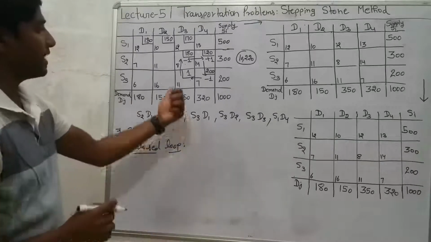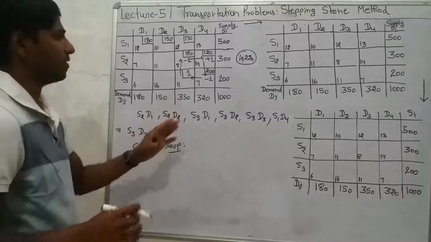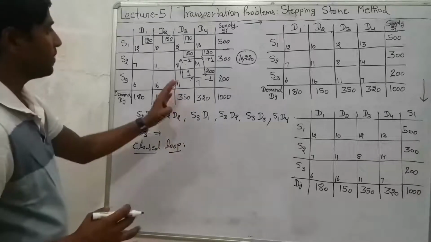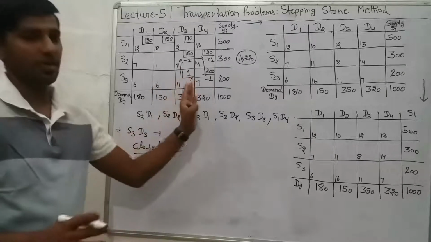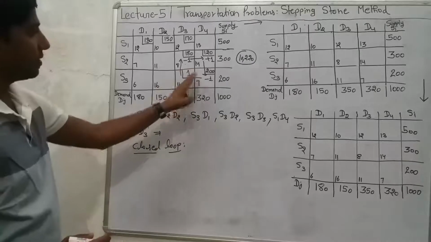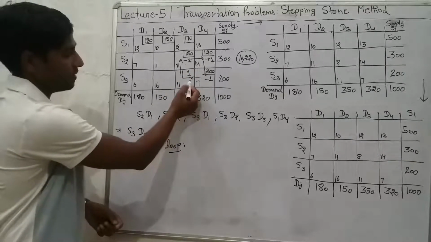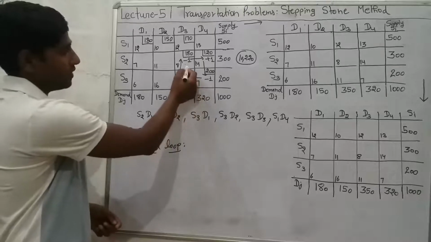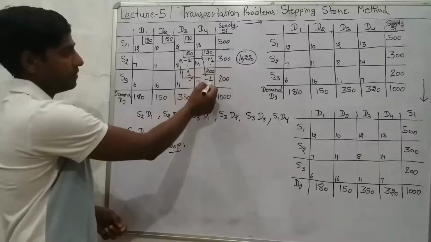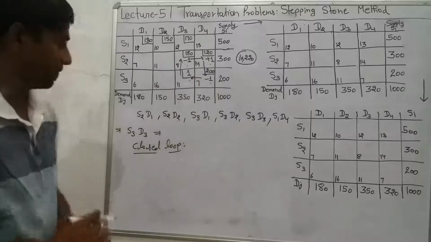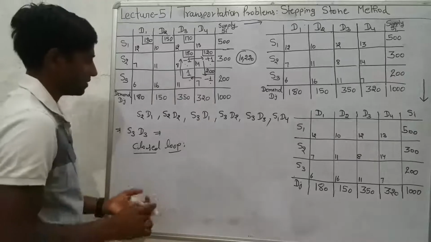Actually, when we assign some units to the empty cells, it requires some adjustments in the rim requirements, like we have done in this question already: we added 1 unit in this cell, reduced 1 unit from this cell, again added 1 unit in this cell, and reduced 1 unit from this cell. So in a closed loop, these are the basic things you must remember.